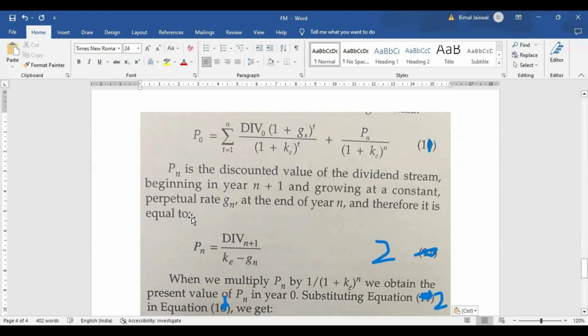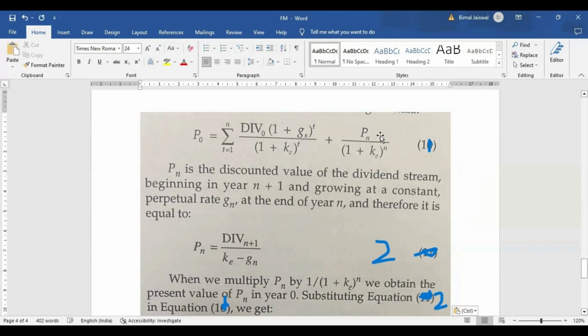Supernormal, then normal. Dividend in the 0 year goes till the nth year, first year till nth year. First year, increased growth rate, which will go to the nth year. Divide this by Ke to get the present value, plus the share price in the nth year, and discount the value.